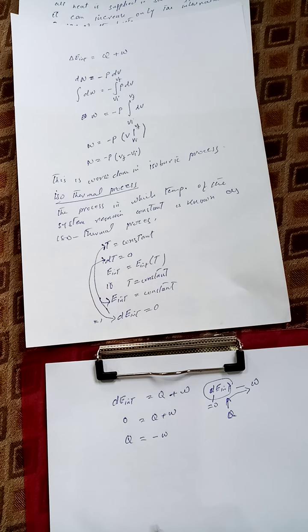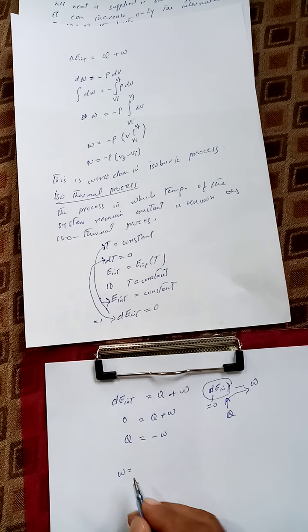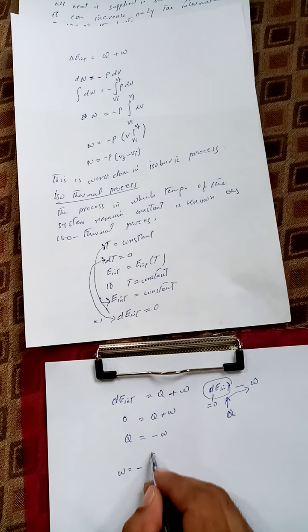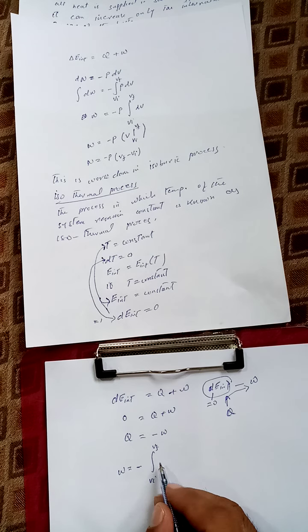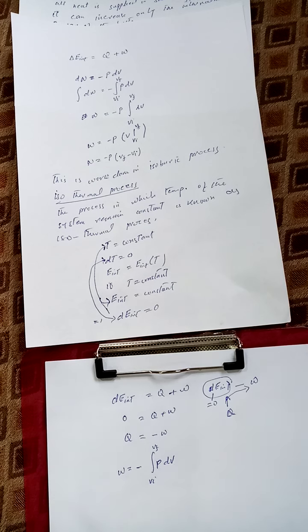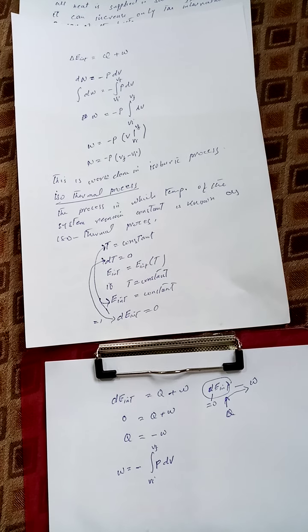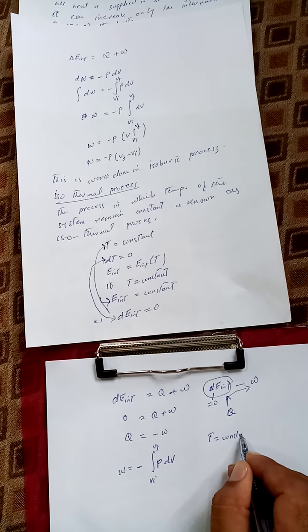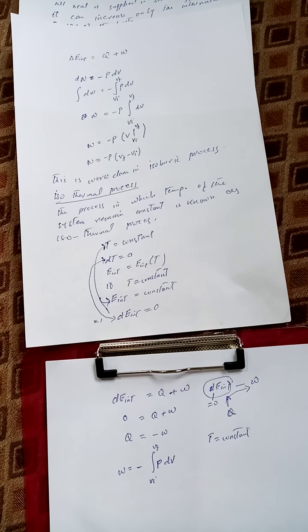Now we have to calculate the work done. The work done W is equal to minus the integral from initial volume to final volume of P dV. Now only temperature is constant, so pressure and volume are both variable quantities.